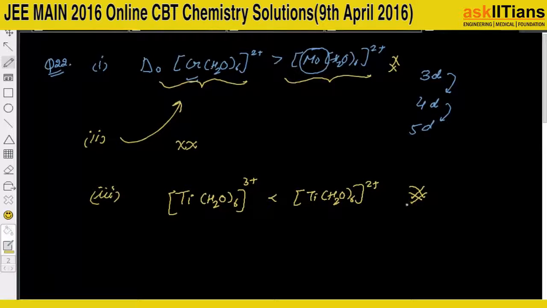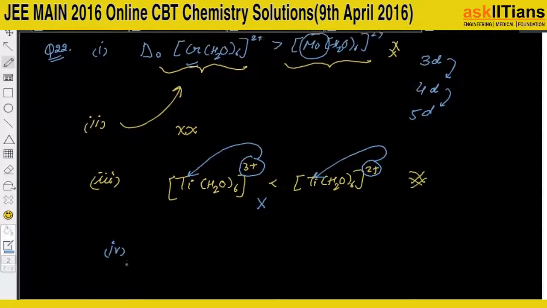Again, this is a wrong statement, dear students. Why? Because we know that if there is more charge on the central atom, then there is more attraction with the ligand. The ligand will approach the central metal ion more easily, and if the ligand approaches more closely, there will be more splitting in the energy values, and hence this is a wrong option.